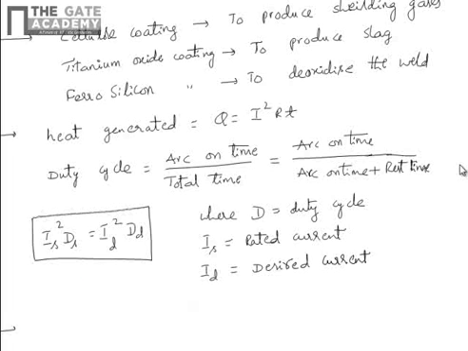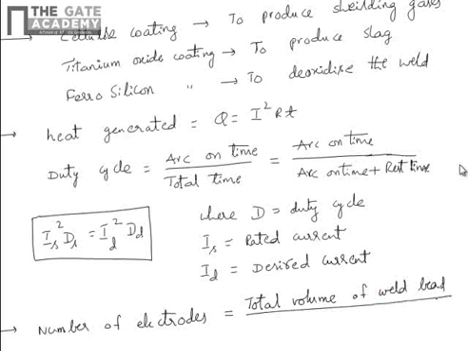Next, the number of electrodes required for arc welding equals total volume of weld bead divided by volume per electrode.